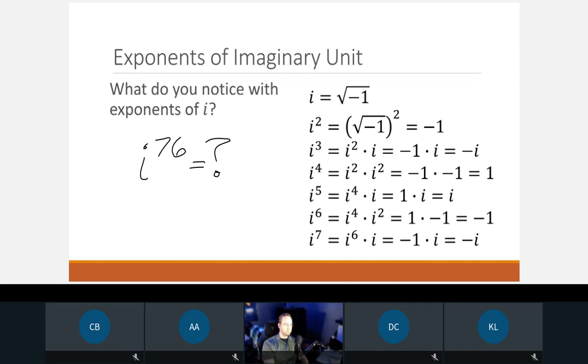You asked what i to the 76 power is, and I said 1 because 76 is a multiple of 4. 4 times 19 is 76. And the cycle repeats after i to the 4th power. So I knew that every i to something that is a multiple of 4 will be 1. So that is why i to the 76 is 1.